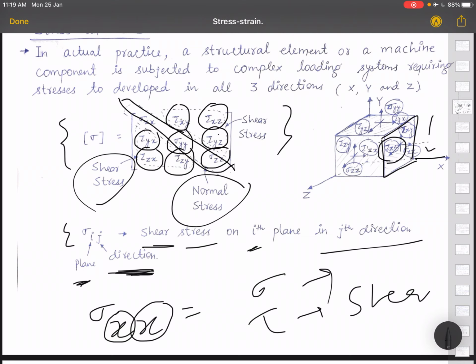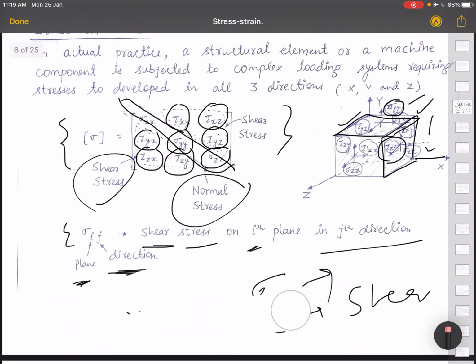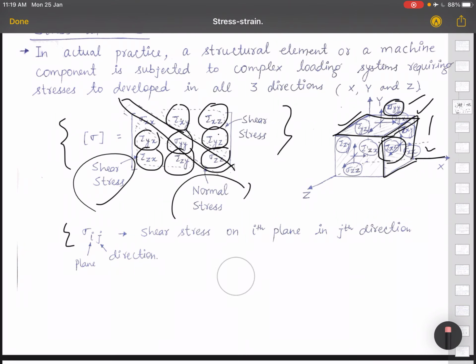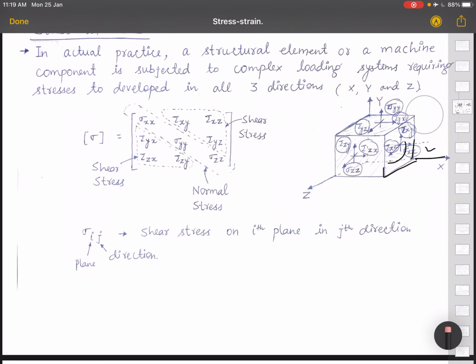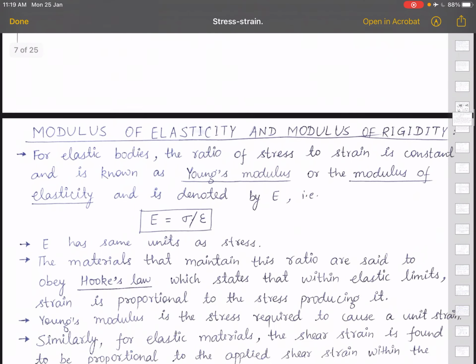Similarly, here you can see a plane which is perpendicular to the y direction: along y it will be yy, along z it will be yz, and along x it will be yx. So this is just the way to represent 3D stresses. I hope it is clear. In the coming lecture you will see why we have learned this.